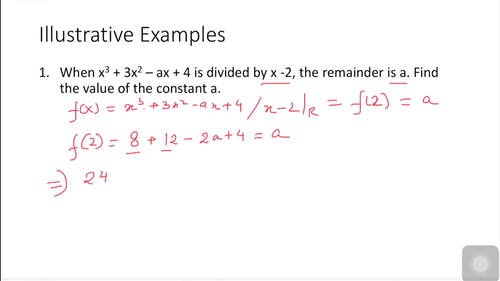So 24 minus 2a equals a. If we add 2a on both sides, we get 3a, or a is equal to 24 by 3, that is 8. So using the remainder theorem, we can easily solve this question and find the value of a. I hope this is clear to you. So we'll move on to our next example.